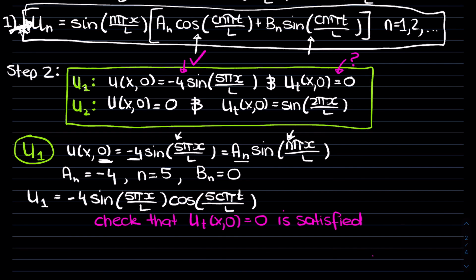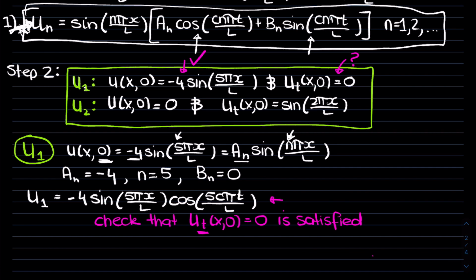So from our u1 here, if we put in t equals 0, you'll see that the cosine is just going to go to 1. Oh, sorry, we just need to take the derivative of that first. Forgot about that, because that's a derivative here.